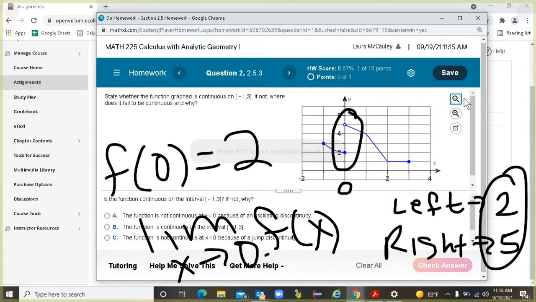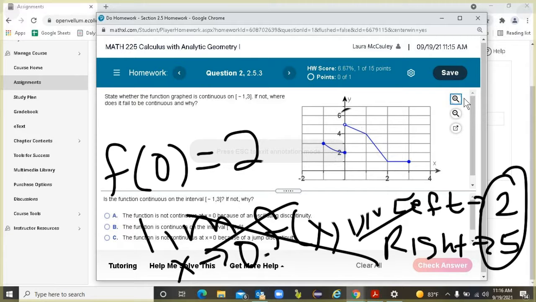So the left and right don't agree with each other, which means there's not a limit here. The limit doesn't exist. So we have failed the limit part. So this is not continuous at 0. This is no good at 0.